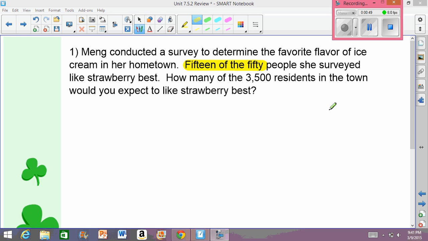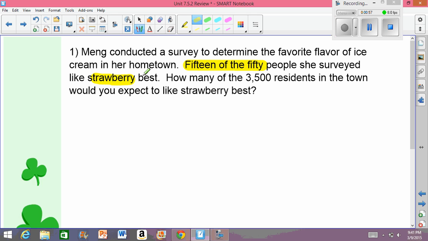The first piece of information is that she surveyed 50 people, and 15 of those liked strawberry best. The question asks us to make a prediction that if she surveyed the 3,500 residents in her town, how many would you expect to like strawberry best?